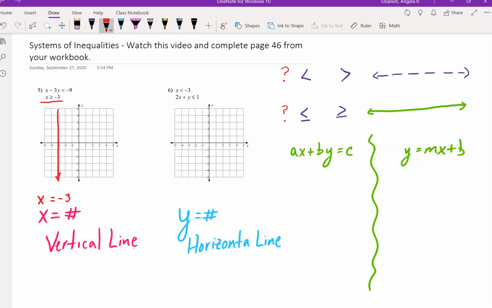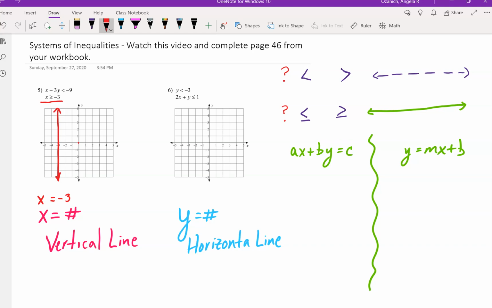And then to decide which side of my coordinate plane I'm going to shade that also makes this statement true, you can pick a point, like (0, 0). That's always a good point to pick to test. You can pick any other point.